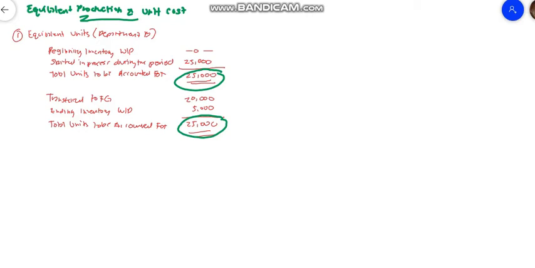So what are the elements that we are talking about? So first is the materials. Going to write here. Materials, labor, and factory overhead. Okay.